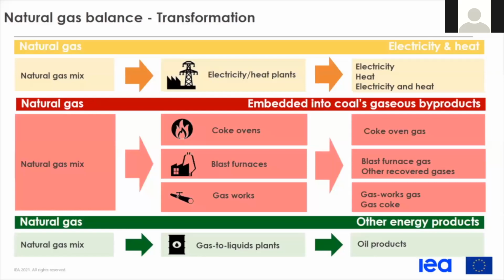But it can also be used in some coal processes, mixed with other elements in coke ovens, blast furnaces, or gas works plants to generate several gases that will be burned to sustain those industrial activities. And finally, it can be used in gas-to-liquid plants to generate some synthetic oil products. We will not go too much in depth here, but keep in mind that this exists and could be reported in some of the data you encounter.